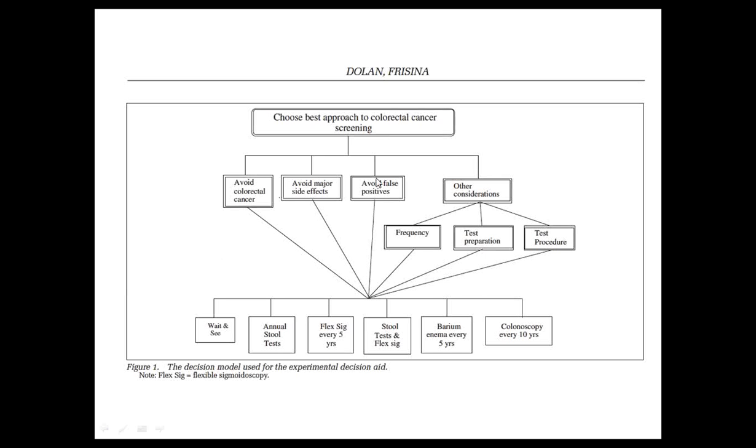Weights are determined for the 4 criteria and for these 3 criteria among themselves, and each of these alternatives is evaluated on all the lowest level criteria, which are avoid colorectal cancer, avoid major side effects, avoid false positives, frequency, test preparation, and test procedure.